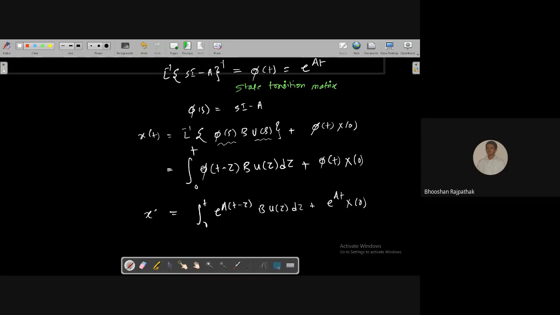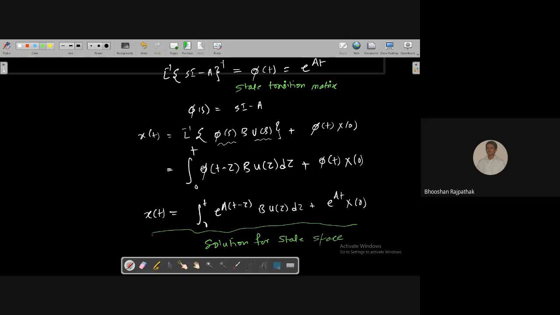This is x(t). This is called the solution for state space. Okay, and x(t) is our state vector.